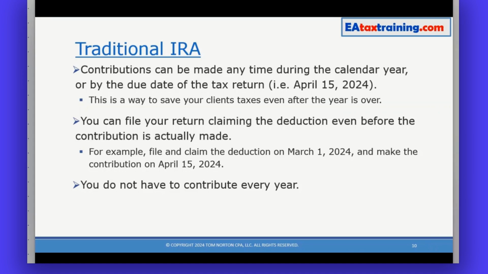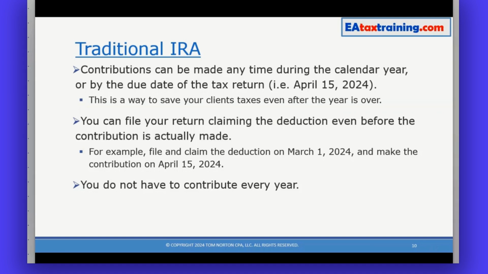You can recommend that they contribute to a traditional IRA and they get the deduction for that even though the year is already over. And you can actually file the return claiming the deduction even before the contribution is actually made. So, for example, you can file and claim the deduction on March 1st, let's say, of 2024, and make the contribution all the way up to April 15th of 2024, and that's perfectly fine.